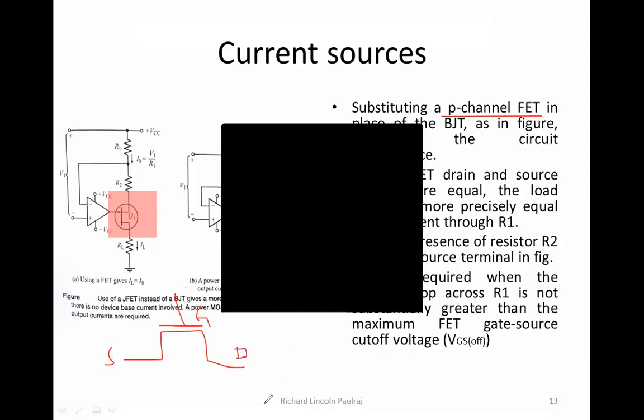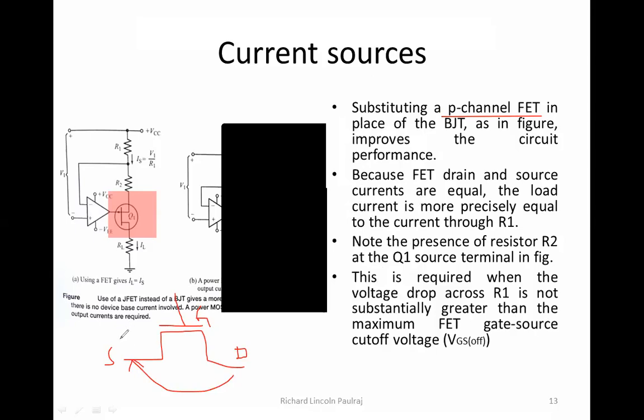Since the source and drain are made of the same type of material, I can make this the drain, or change this one to the source. So I can write it as D/S or S/D. The gate will always remain the same. The channel formation happens here between the source and the drain.